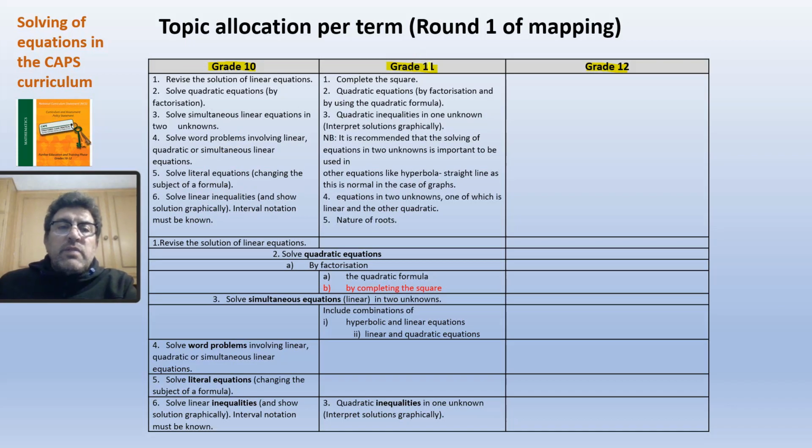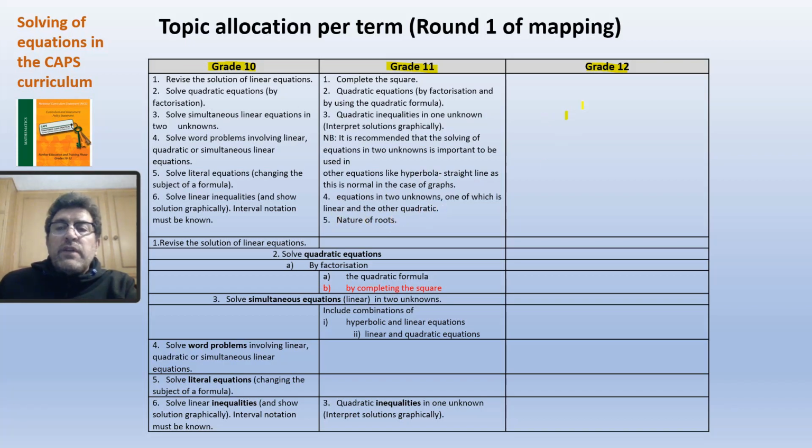In grade 11 we have completing the square, quadratic equations by factorizing, quadratic inequalities in 1 unknown. They say here it's important that the solving of equations in 2 unknowns is used in other work like hyperbola, straight line, etc., where you work with graphs, the functions. Okay, and then point 4, equations in 2 unknowns, linear and quadratic equations, and then they talk about the nature of the roots.